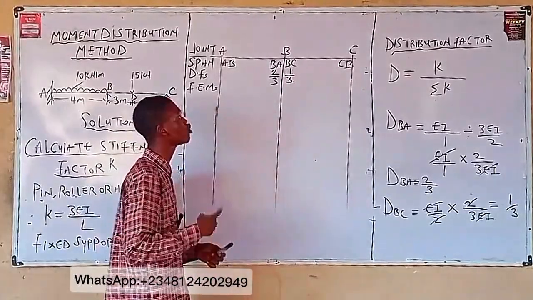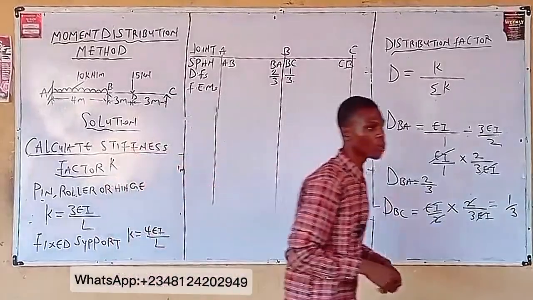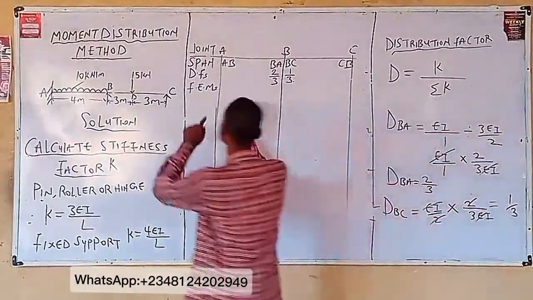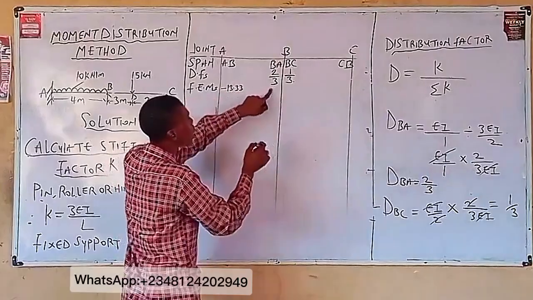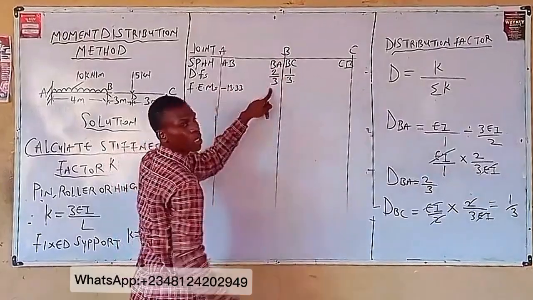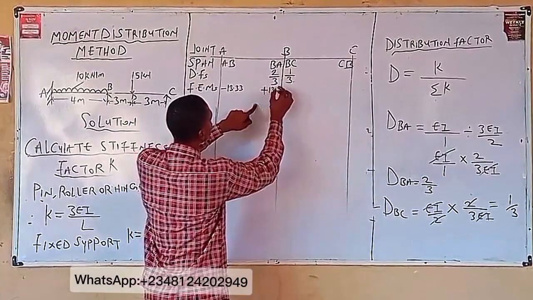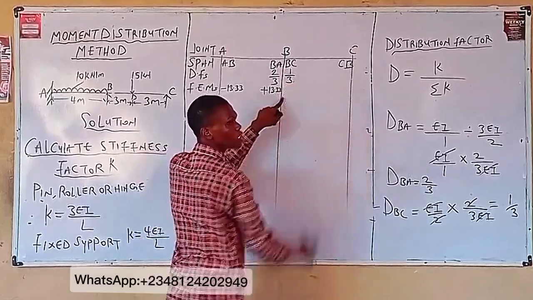Now go back to joint A. What's your fixed end moment? Minus 13.33. For this joint B of span AB, what's your fixed end moment? Positive 13.33. For span BC of joint B, what's your fixed end moment?